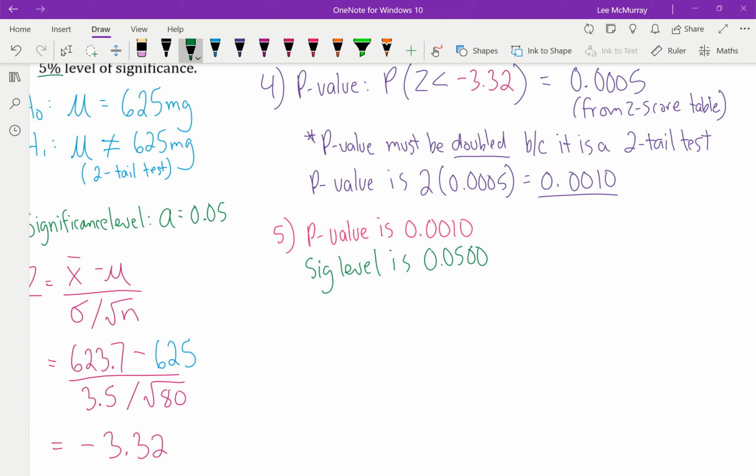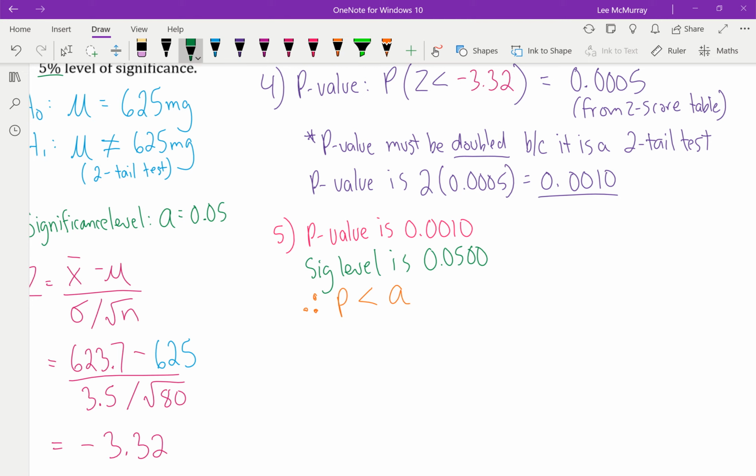Okay, and as a result, therefore, the p-value is less than, because remember we're just comparing these, right? So the p-value is obviously less than the significance level, right? The significance level, 5%, is bigger than 0.1% here. So the p-value is less than alpha, which is the significance level.